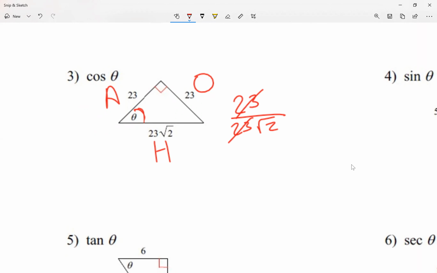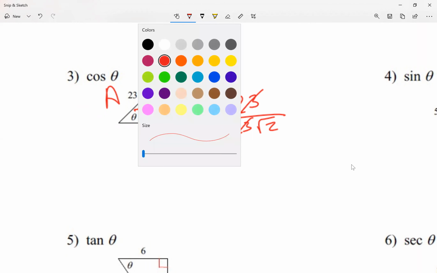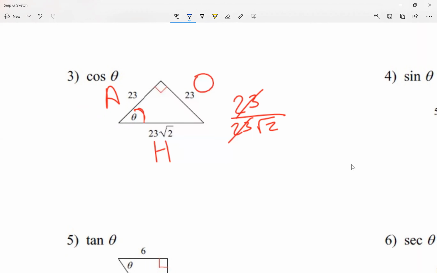Now, my problem is I cannot have radicals at the bottom. So what I'm going to do is multiply top and bottom by radical 2. Because I know at the bottom, radical 2 times radical 2 is 2, and I don't want radicals at the bottom. On the top, I just have radical 2. So my answer is radical 2 over 2. Writing it is easy, right?